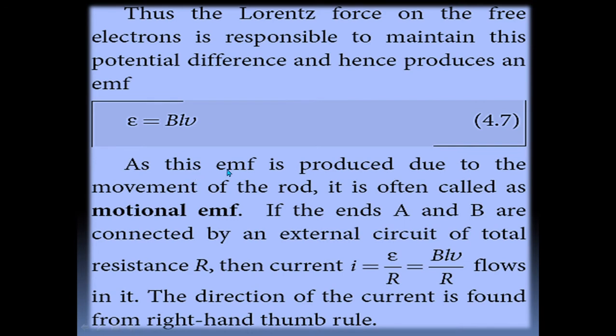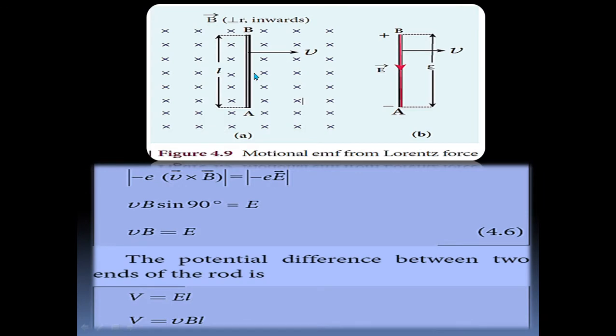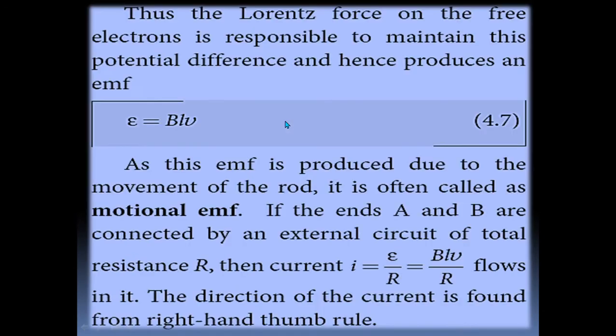As this EMF is produced due to the movement of the rod, it is often called motional EMF, because the rod is moving in the uniform magnetic field. This motion gives the EMF. That is why we call it motional EMF.